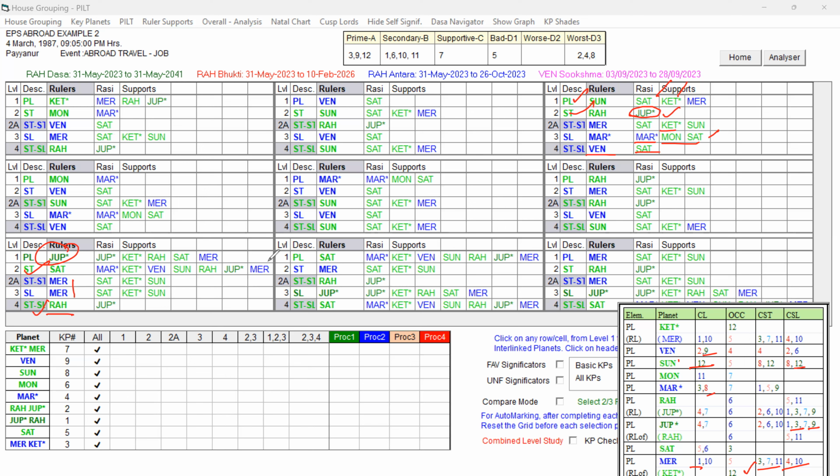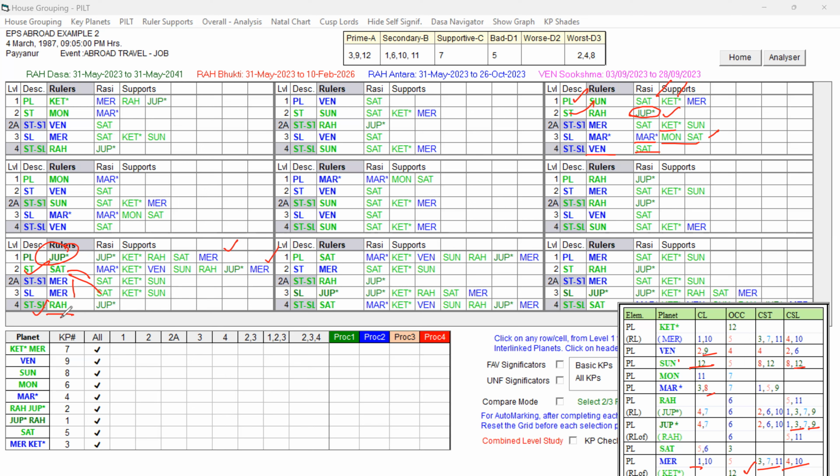You can see Mercury is forming a ruler link at all levels. So overall, Jupiter, the ninth sublord, is in the star of a favorable key planet, and the star lord of the star lord and sublord have supportive key planets for the job prospects, and Saturn is forming a ruler link to the other level. So that way it is supportive.